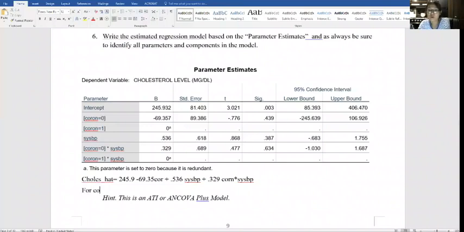for coronary incident, the reference group is what? Reference group 0 here. So 1 is the yes group, right?